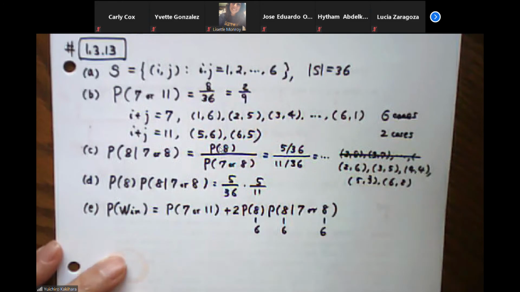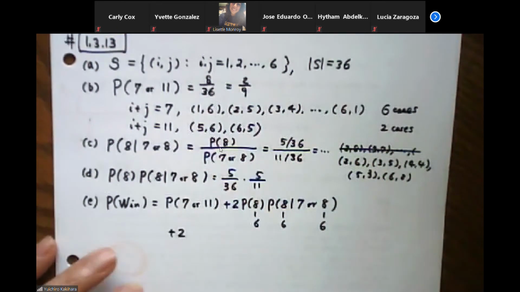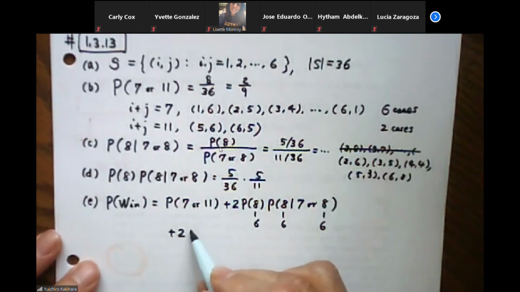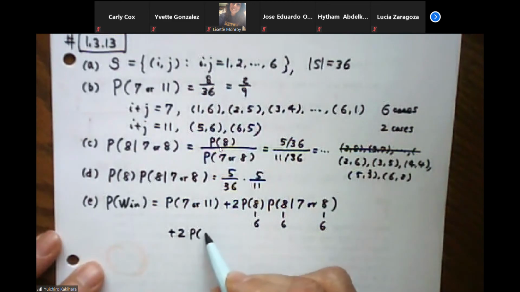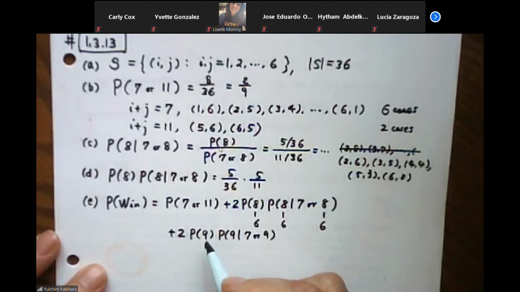And then 2 times of the same thing for 4, 5, and 9, 10. Okay, 4, 5, and 9, 10. That is a P of 8. Next one is 9, so P of 9, and then 7 or 9. This 9 is replaced also by 5.